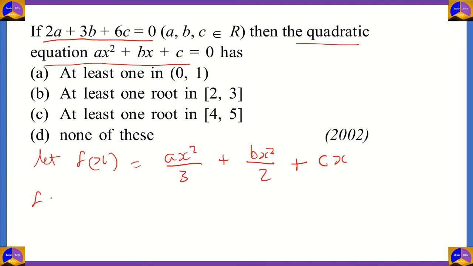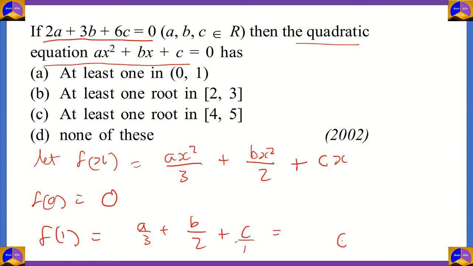So when you take f of 0, it'll be a times 0 by 3 plus b times 0 by 2 plus c times 0, so that is equal to 0. If you take f of 1, it will be a by 3 plus b by 2 plus c by 1.